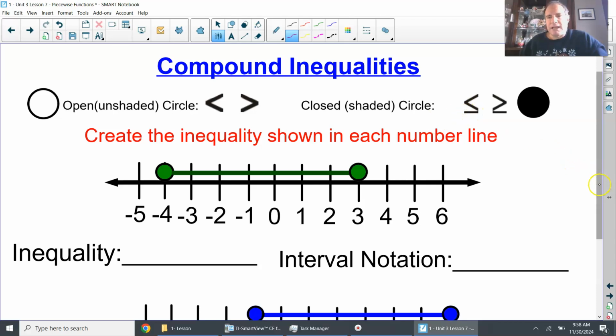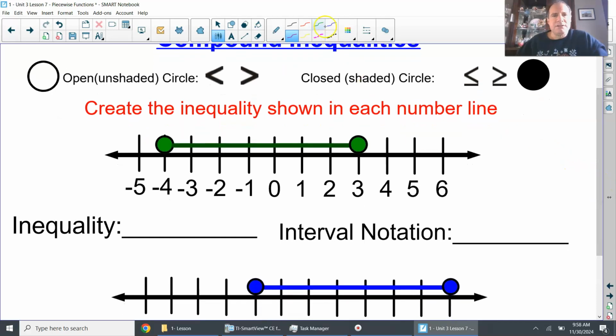If you're looking at a graph right here, this is basically how I like to annotate on top. The x is all the numbers in between the -4 and the 3. So I put -4 here because that's circled, and 3 because that's circled.